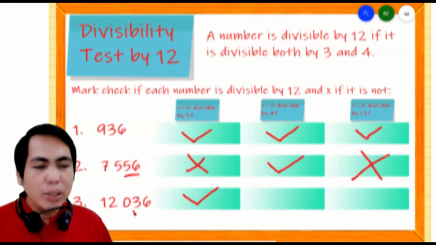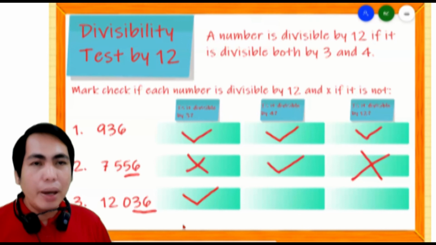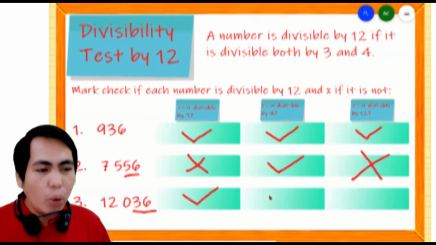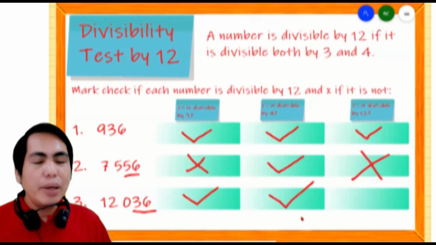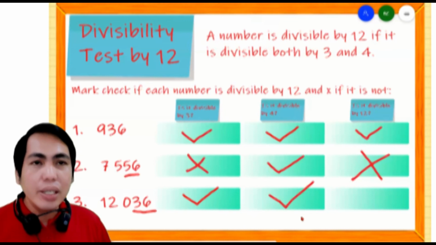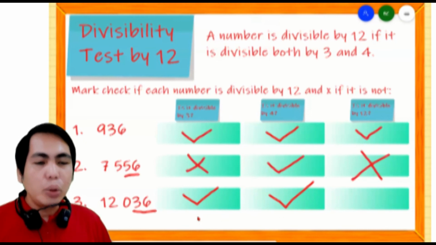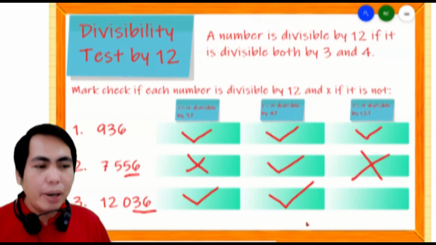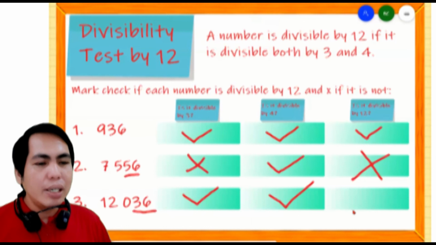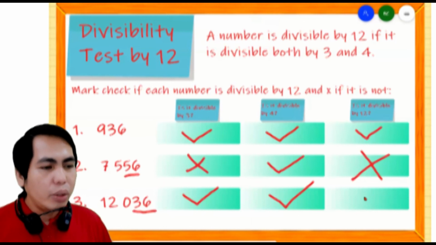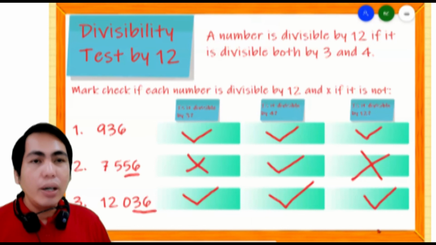Since the last two digits are 3 and 6 to form a number 36, and 36 is divisible by 4, meaning to say that 12,036 is divisible by 4. And since 12,036 is divisible both by 3 and by 4, automatically 12,036 is also divisible by 12. So this is also a check for 12.